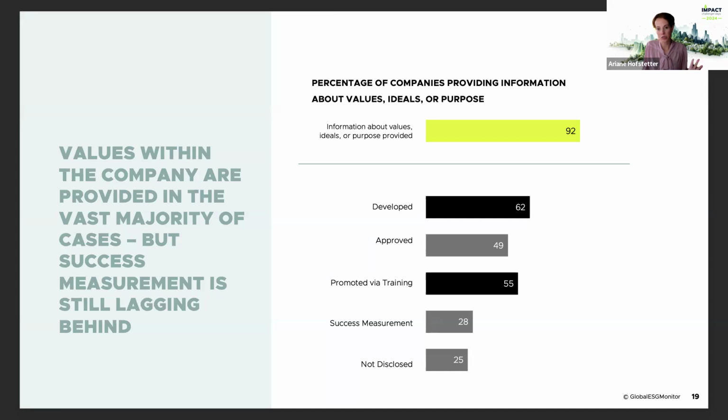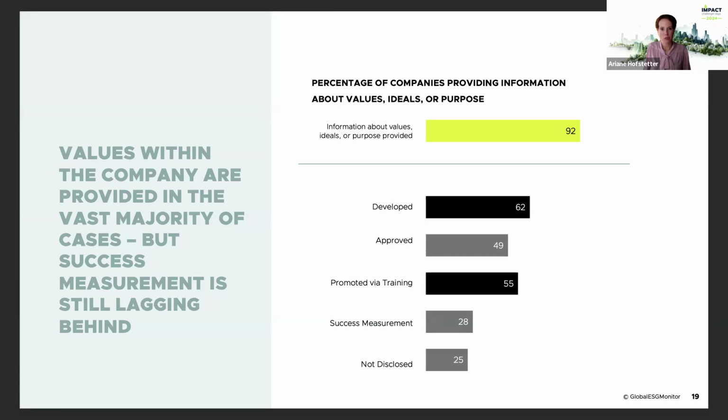GRI also includes this value perspective, and what you see here on the right side comes from GRI 102, where they ask companies to provide information about their values, ideas, and purposes. Since this is a really old requirement, it's pretty well established in reporting: 92% of the companies say something about it.